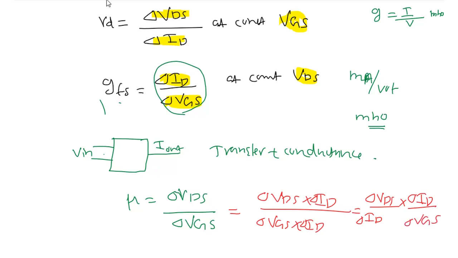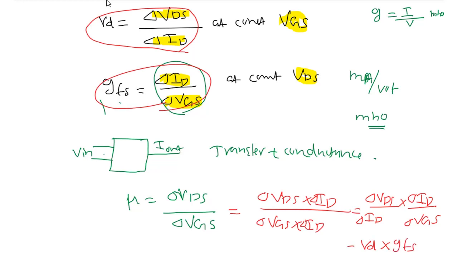So what is delta VDS by delta ID? It is RD. So this will be equal to RD into delta ID by delta VGS, which is GFS. So this is GFS, and this is the amplification factor mu. So the amplification factor mu is equal to the product of the AC drain resistance and transconductance. So this is the relation connecting the three parameters RD, mu and GFS.